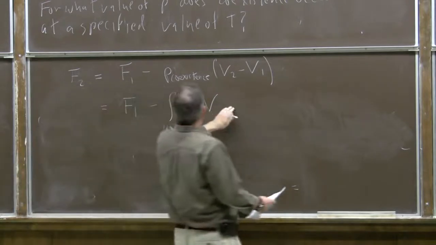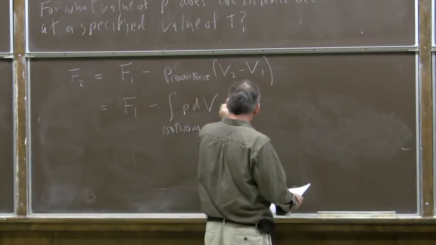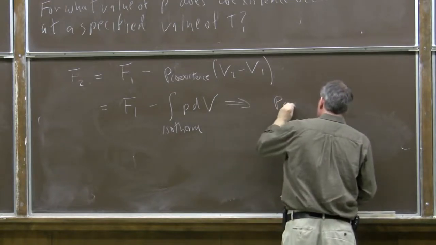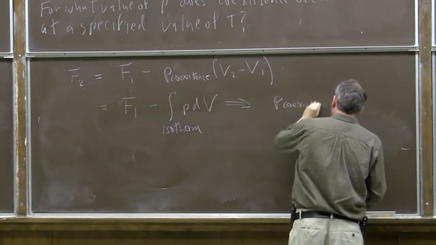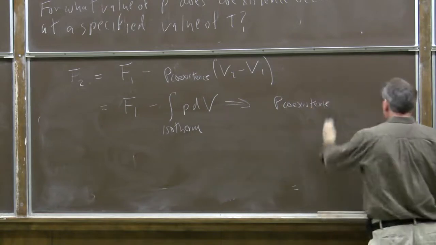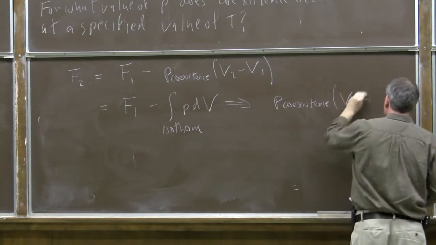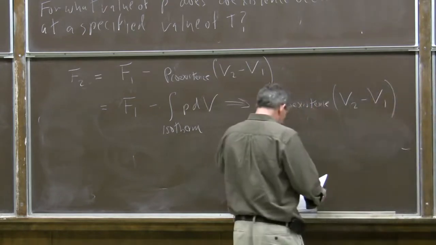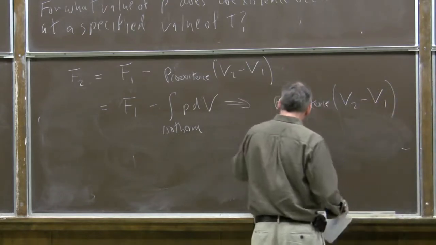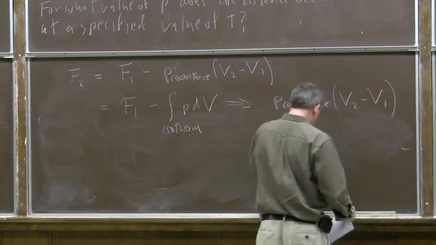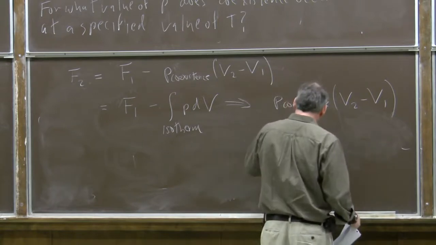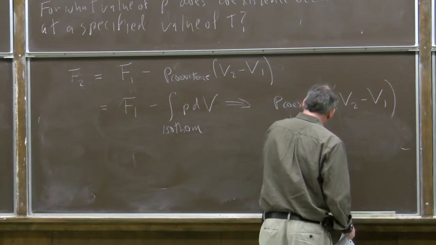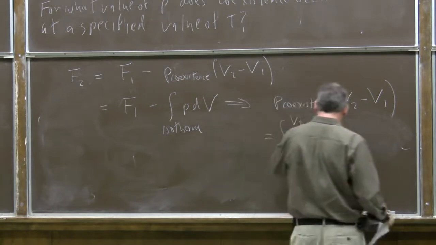So this means that the pressure of coexistence times the change in volume between the two phases, V2 minus V1, is equal to the integral from one volume to the other of the pressure as given by the van der Waals equation of state, that is, along the isotherm, dV.